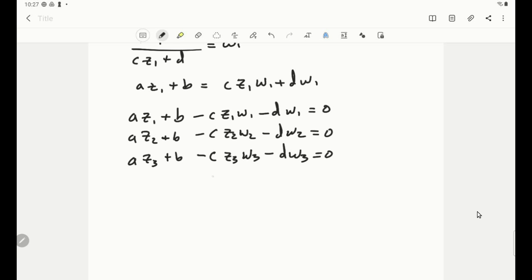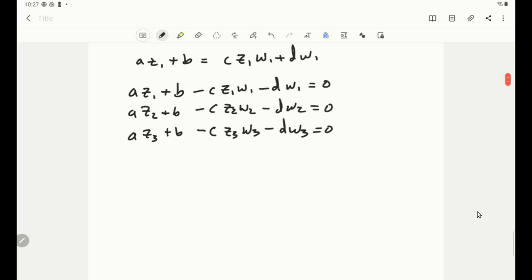Whether you've had matrix stuff or not, I'm going to take the actual coefficients, not the A, B, C, and D, since those are unknowns, but the coefficients are these other things.